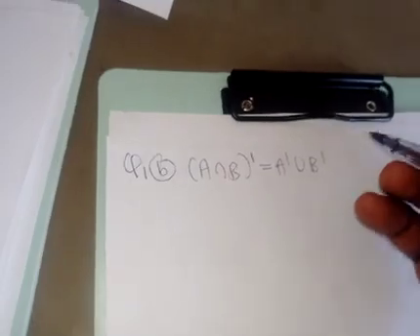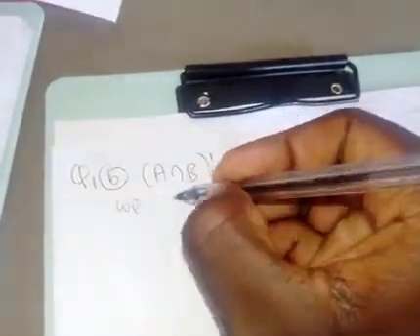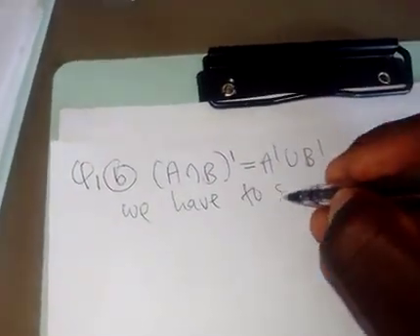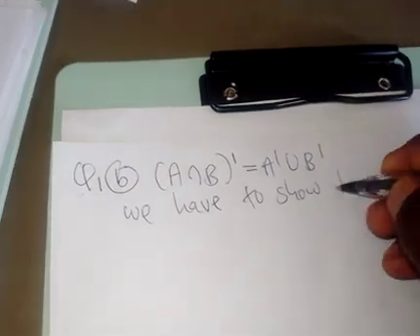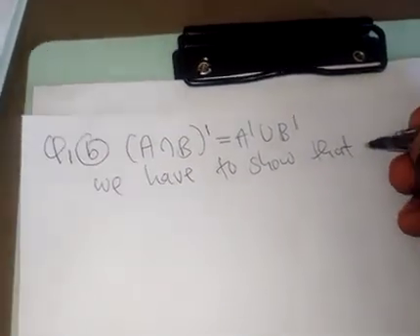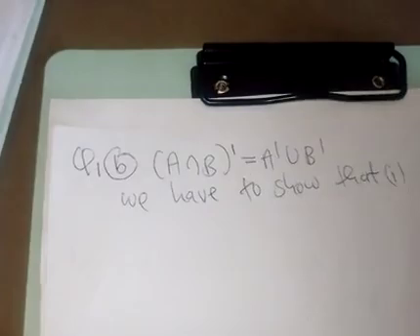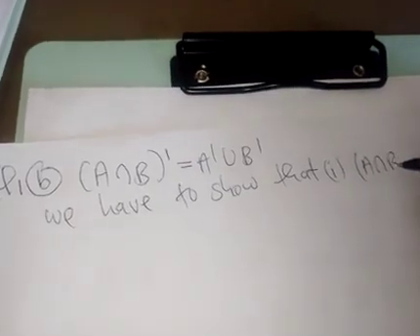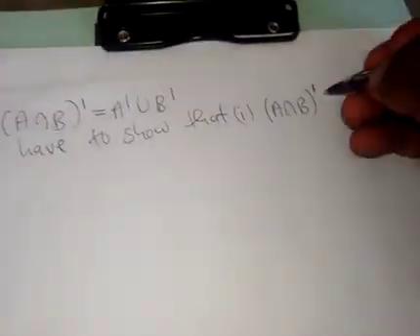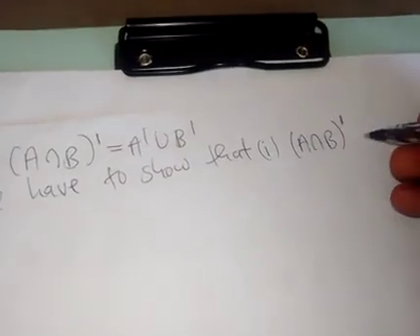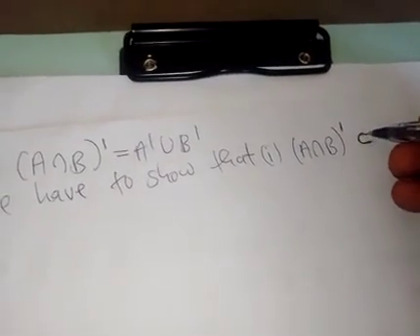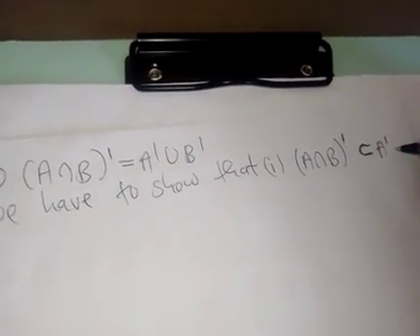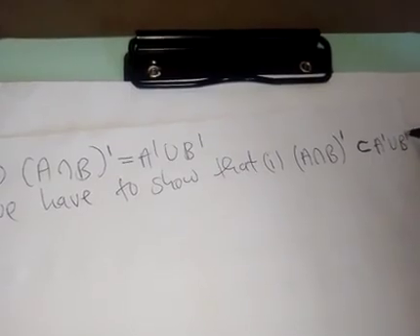So even for this one, you have to write, we have to show, or to prove that, the first statement, you start with what you have on your left hand side. So we have A intersect B complement. So we have to show that A intersect B complement is a subset of what you have on your right hand side, the subset of A complement union B complement.